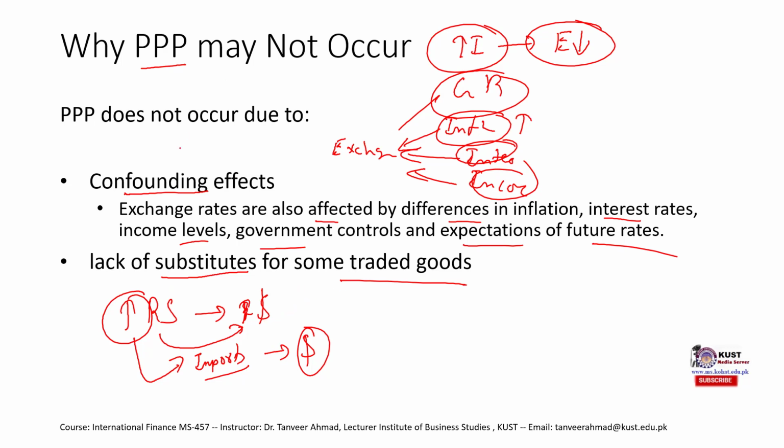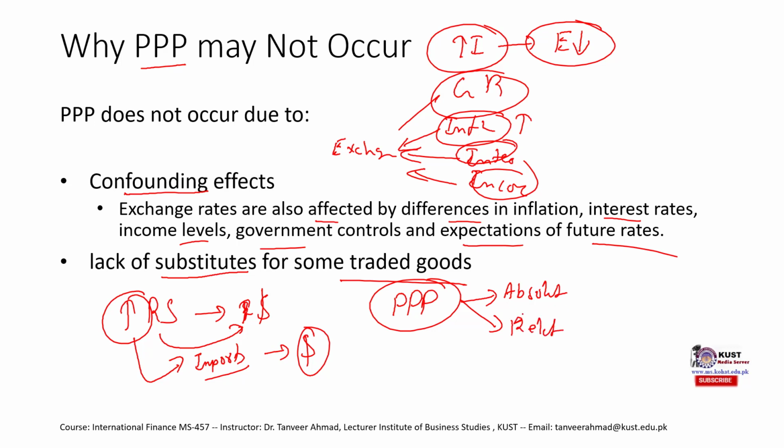Okay, so if I recap this whole lecture, we started with the idea that there is a theory called purchasing power parity, and parity means equality. This theory suggests that there should be equality in purchasing power. We saw there are two forms of purchasing power parity.